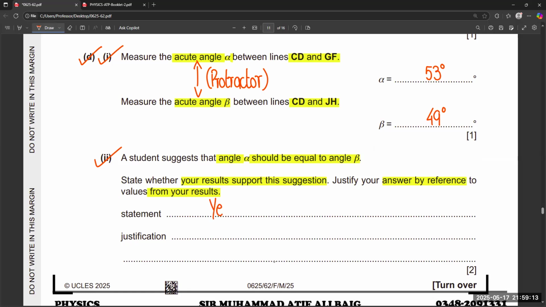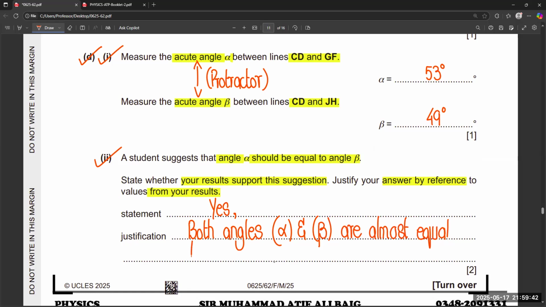So we can say yes, both angles alpha and beta are almost equal to each other. ठीक है, बहुत ज्यादा डिफरेंस नहीं है.